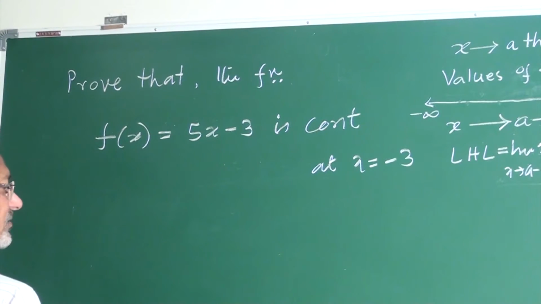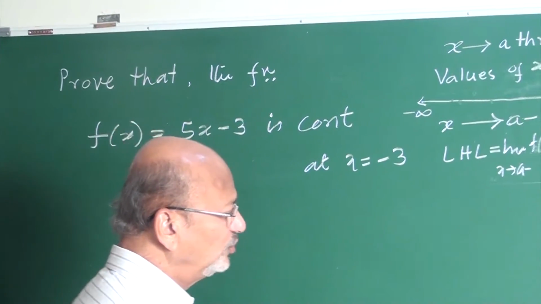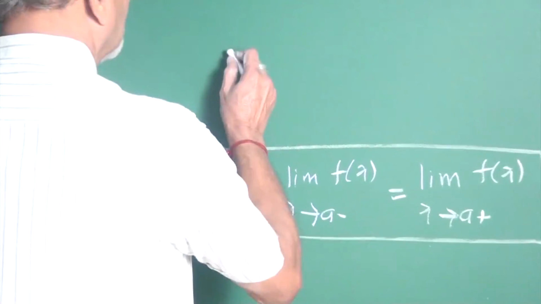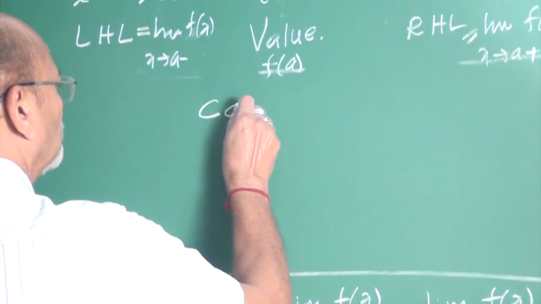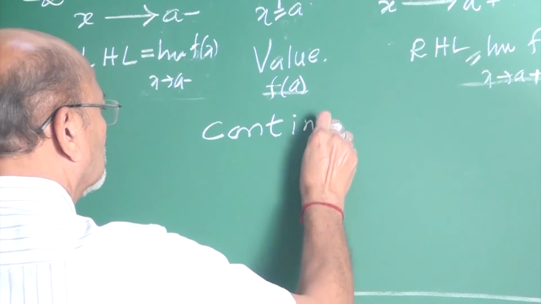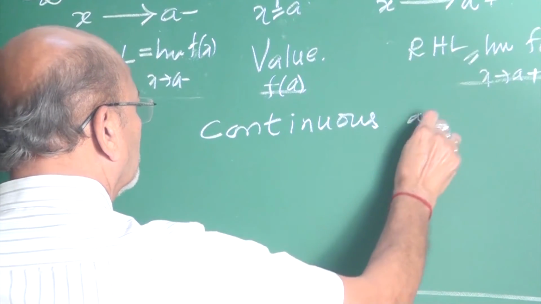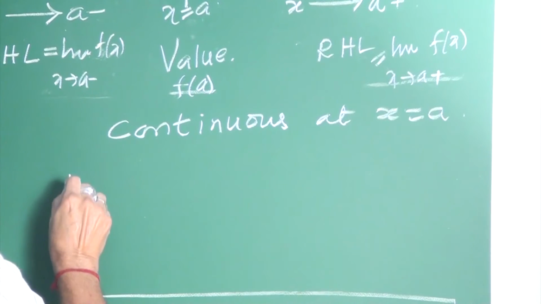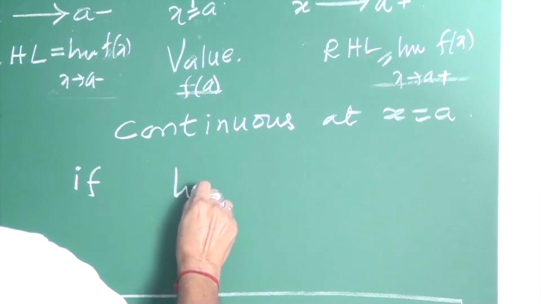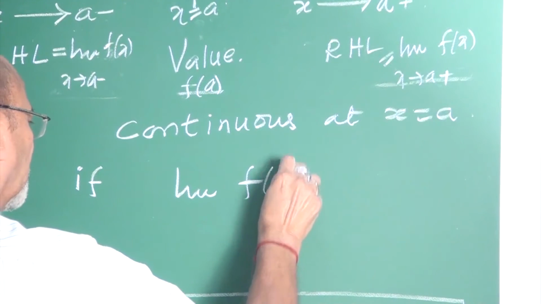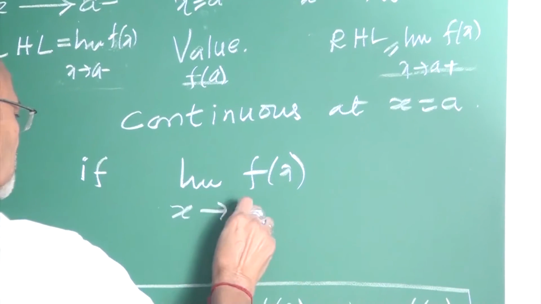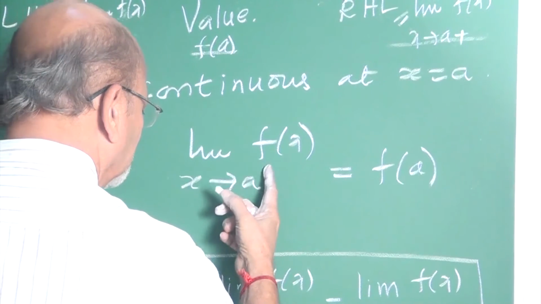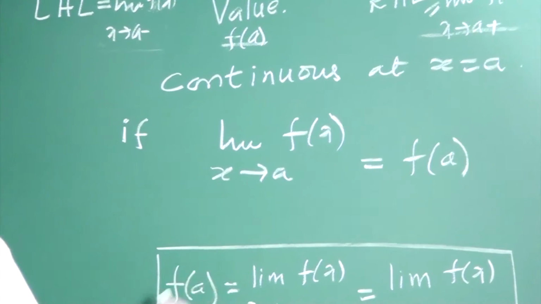For continuity, when to use LHL, RHL, and when to use only the limit? Another definition: the function is said to be continuous at x equal to a if the limit of f(x) as x tends to a equals the value of the function. This limit exists only when LHL equals RHL.